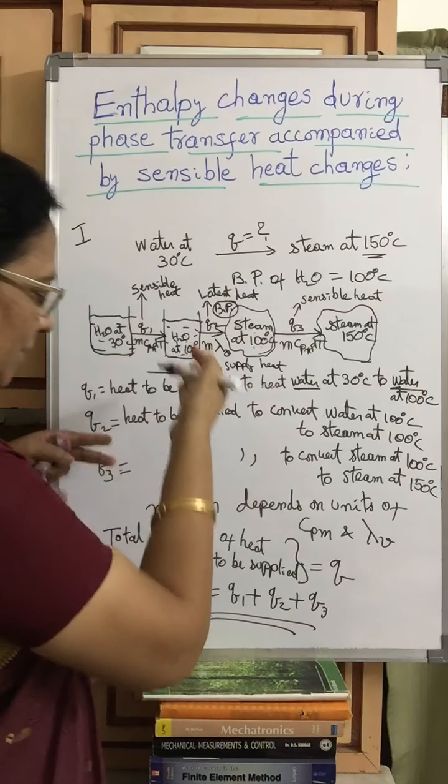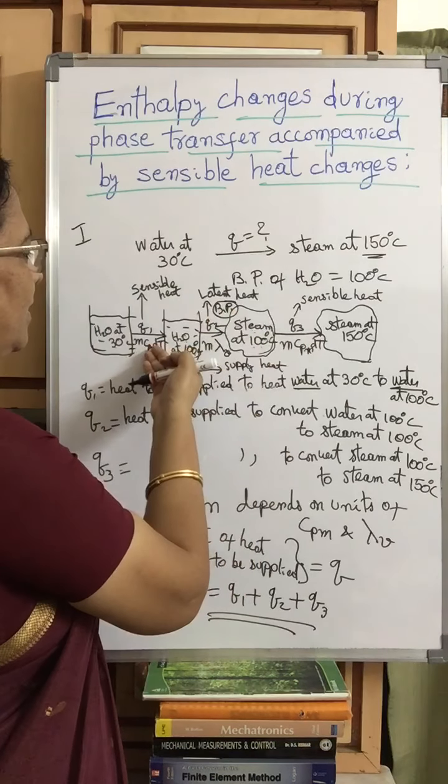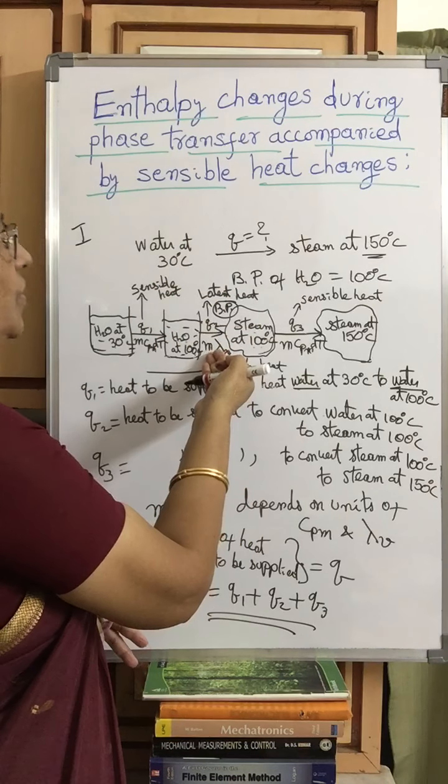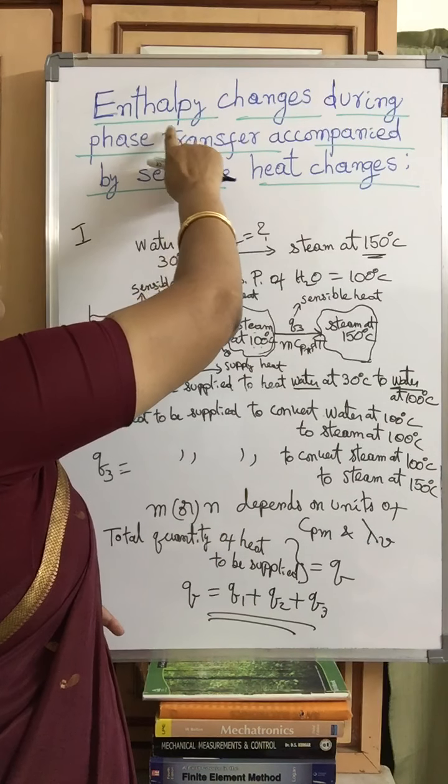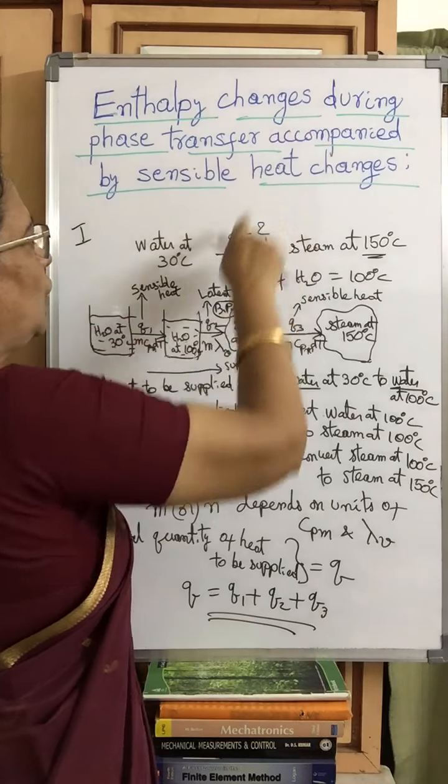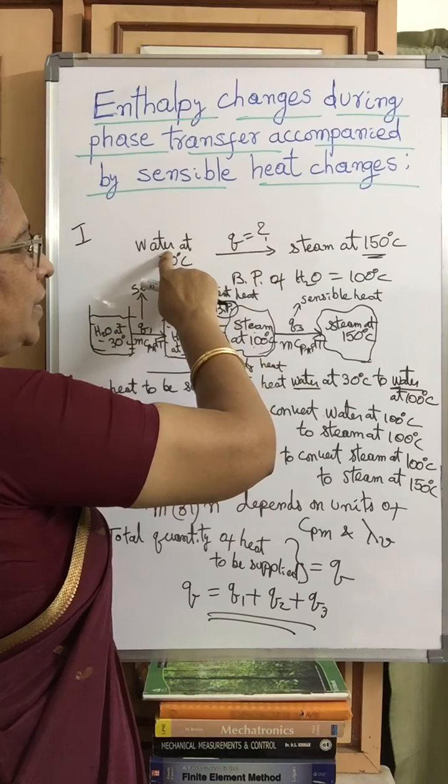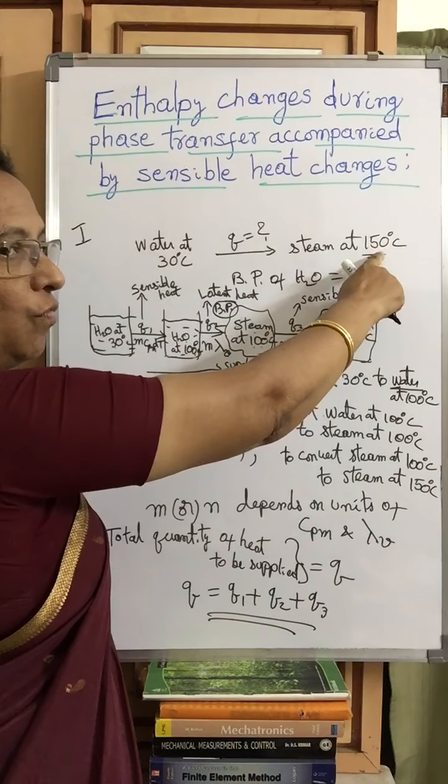So here sensible heat calculation is there, latent heat calculation is there. That is what here, enthalpy changes, Q is nothing but enthalpy change between 30 to 150.